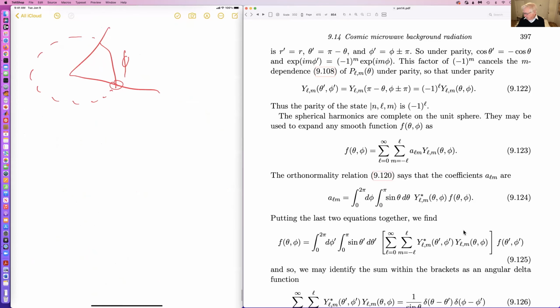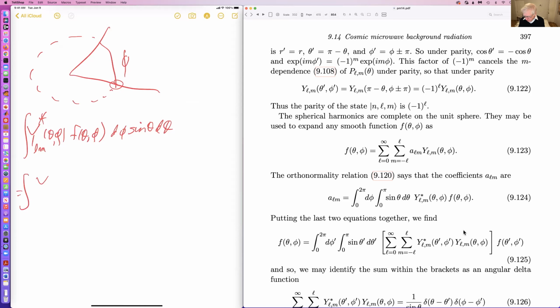And the way you derive that, of course, is that you say, if you multiply Y star of, let us say, theta phi Lm, f of theta and phi, and you integrate d phi and sine theta d theta, well, f is already a sum.